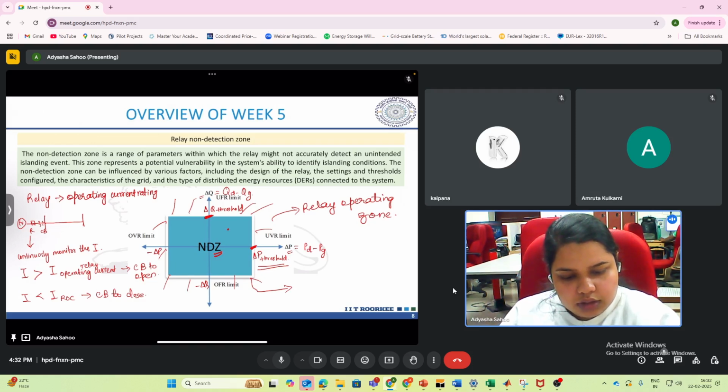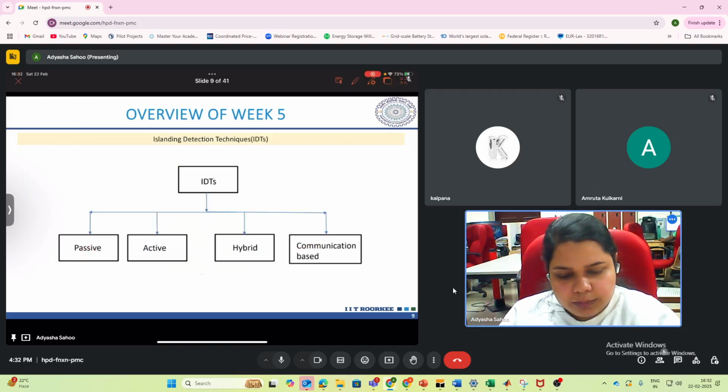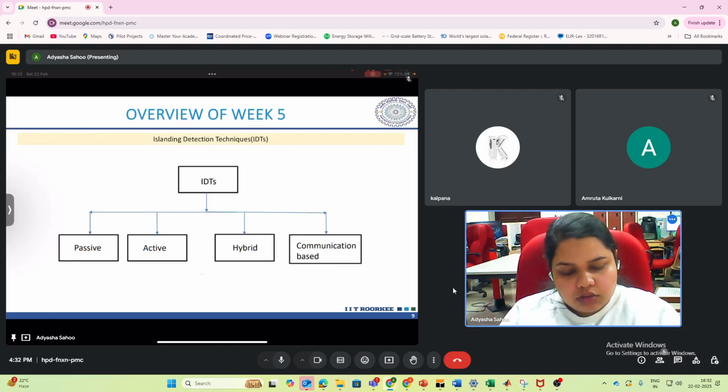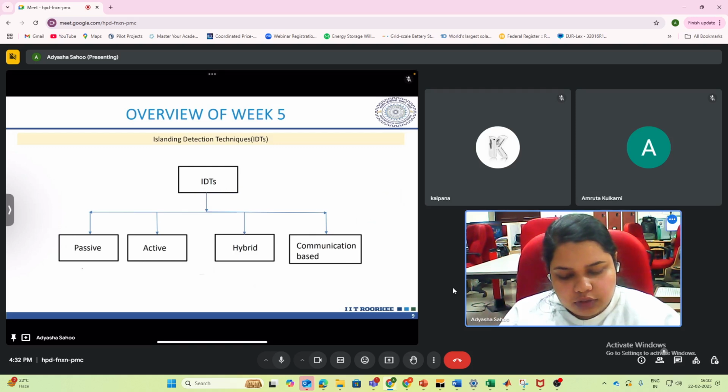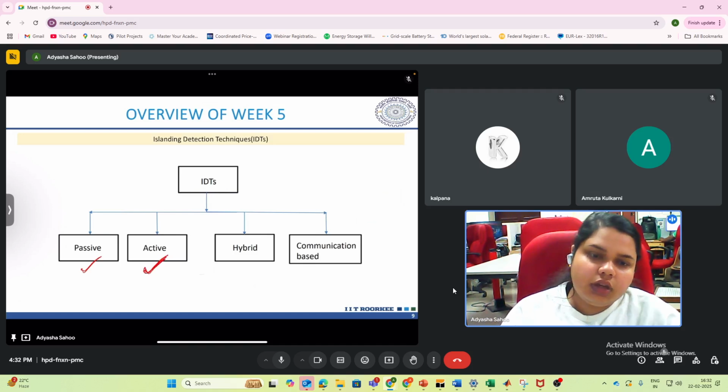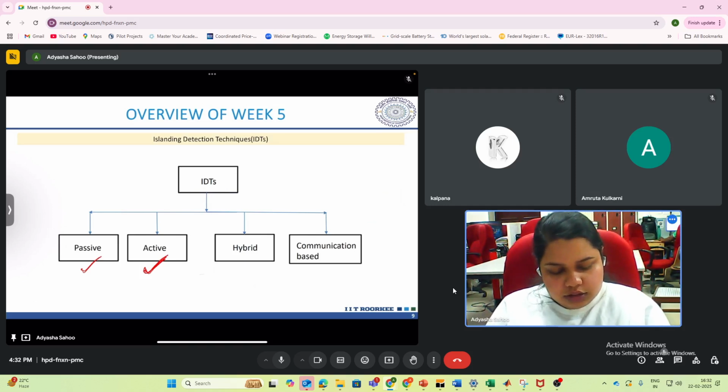Then next we'll see various islanding detection techniques. So they are basically passive. In the passive, basically we are continuously monitoring various parameters in the circuit, and likewise we have the protection schemes there. In the active methods, we inject signals through external resources into the circuit, and then we detect the islanding condition.